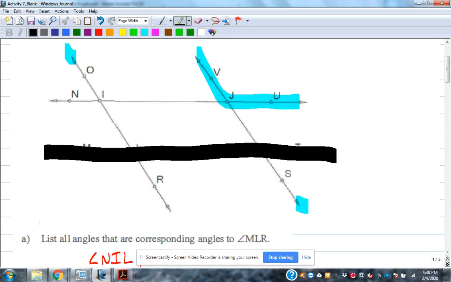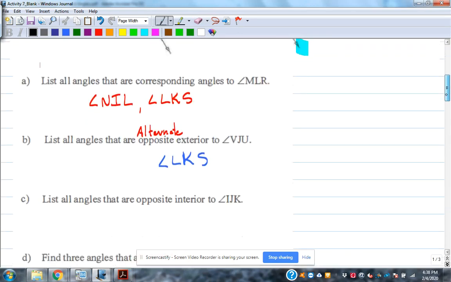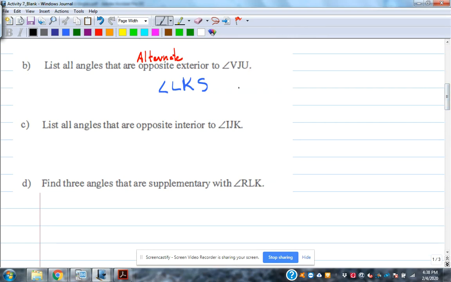That angle doesn't exist anymore because we took that line out. NIR or NIL, whichever way you want to name that. Yes. This angle right here would be alternate exterior to that. Or opposite exterior, same thing. NIL is how I'm naming it.